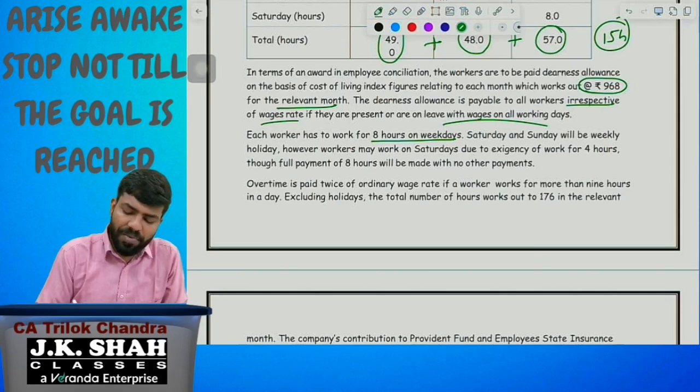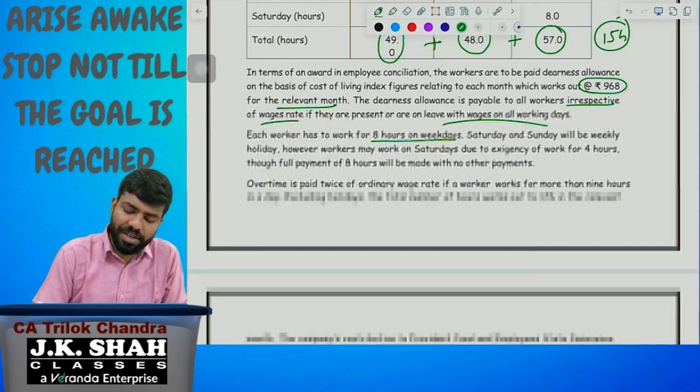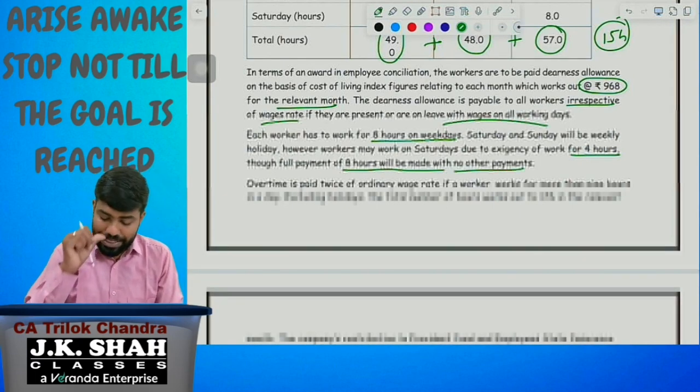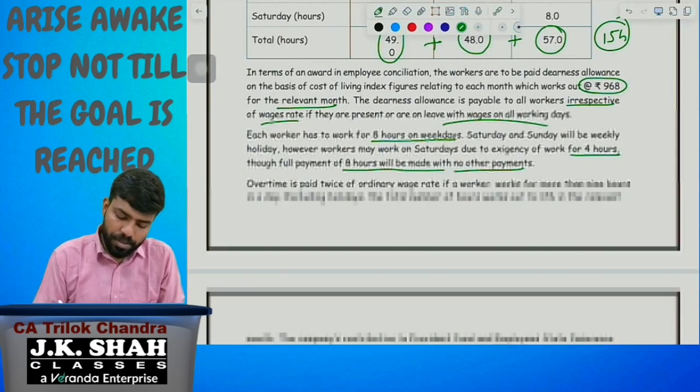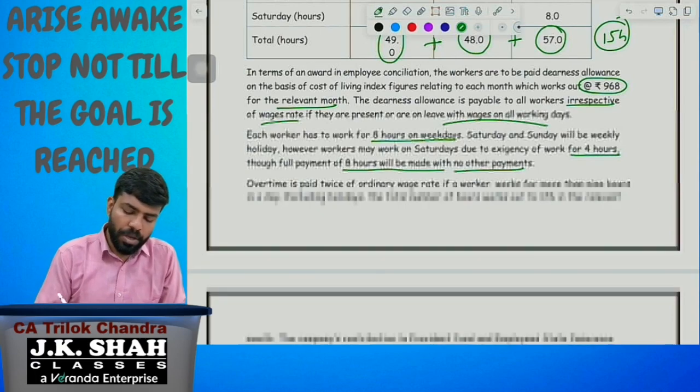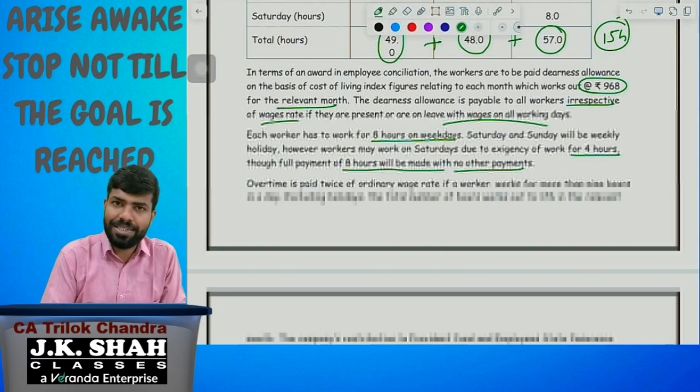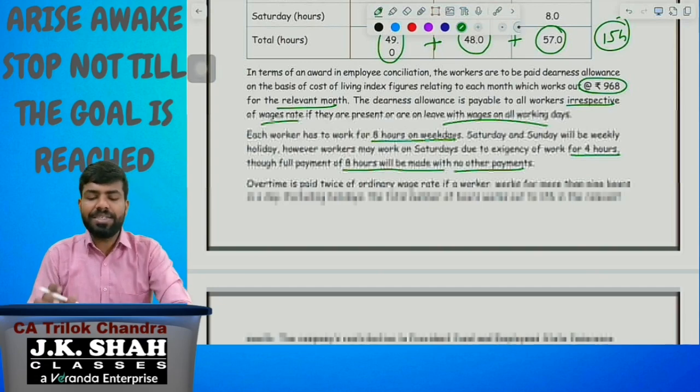However, a worker may work on Saturdays due to exigency of work for 4 hours, though full payment of 8 hours will be made with no other payments. So please understand. Look at here. What is the wording they have given? Workers should work for 8 hours on weekdays. When it comes to Saturdays and Sundays.